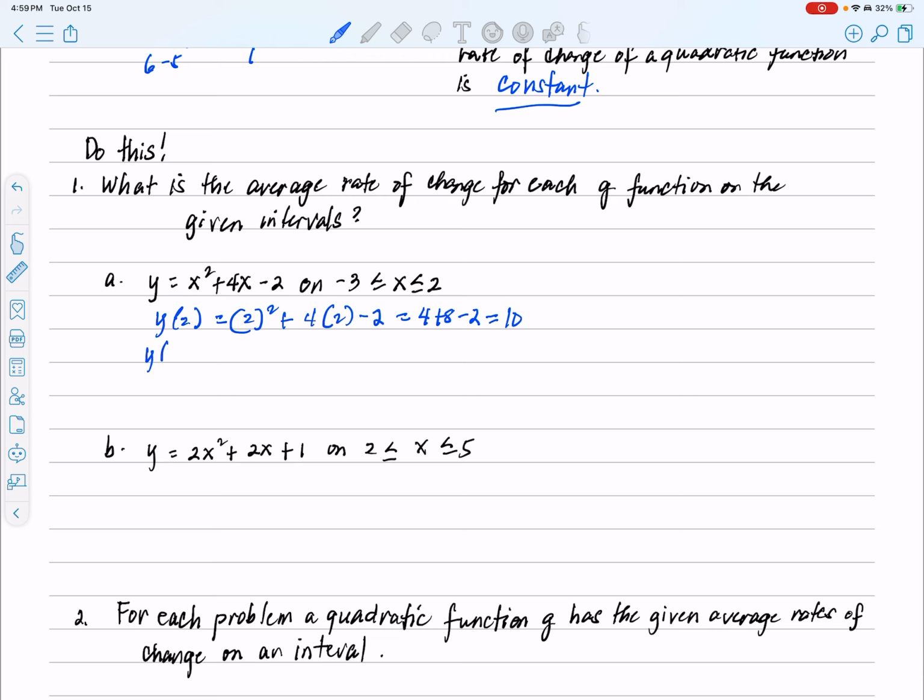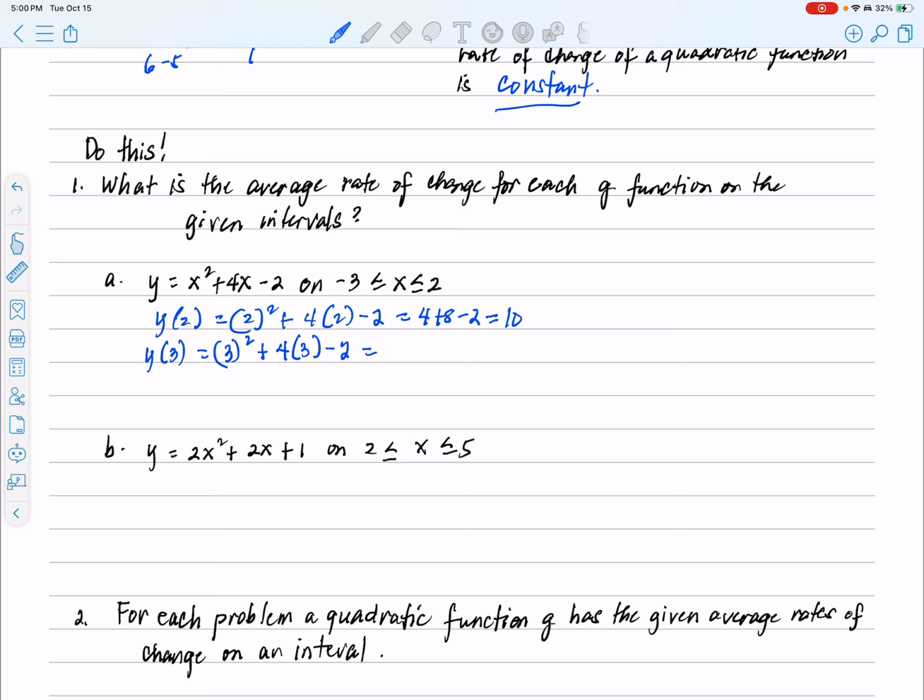When y of negative 3, okay, the function of negative 3. Let's substitute negative 3 in the function: negative 3 squared plus 4 times negative 3 minus 2.